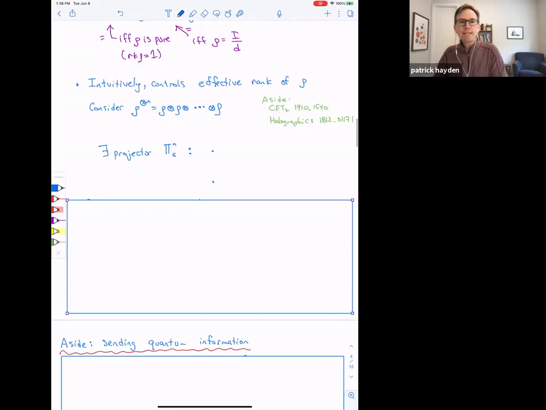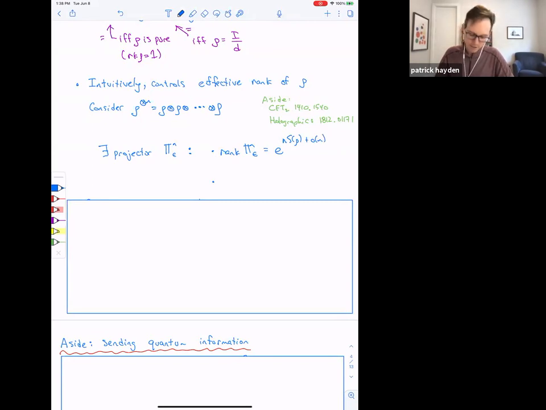So what might it mean for the effective dimension to be controlled by the entropy? Well, it could mean that there's a projector and that the rank of that projector is controlled by the entropy. So the rank is e to the n times the entropy of rho plus something subleading, little o of n.